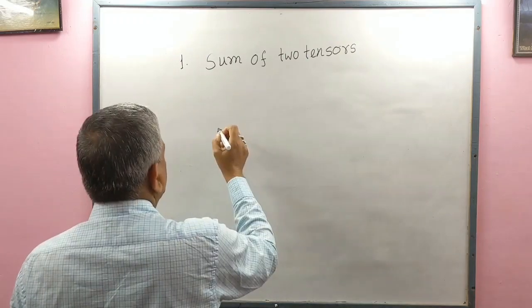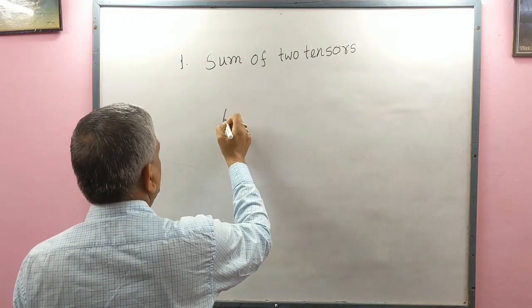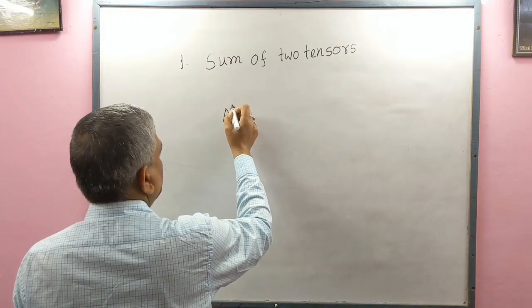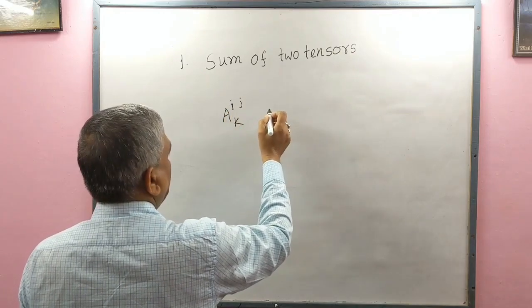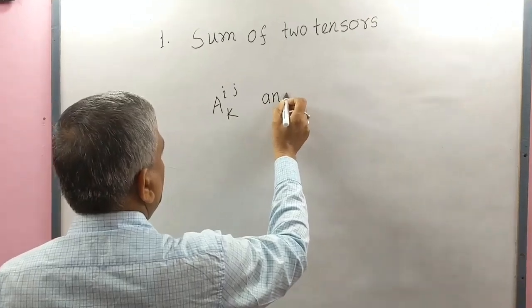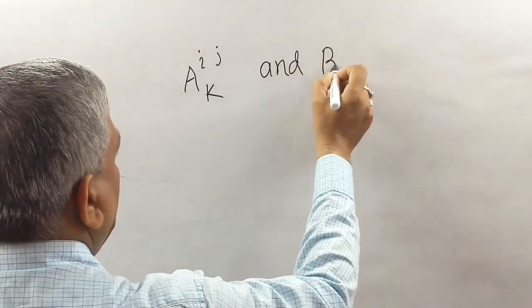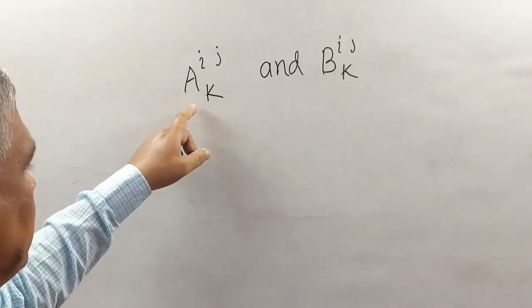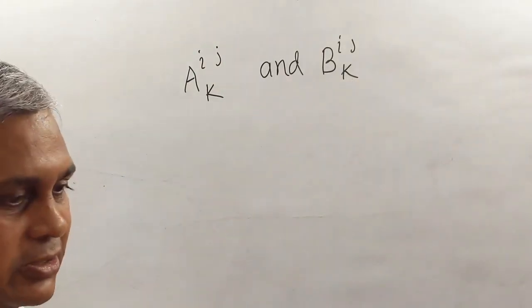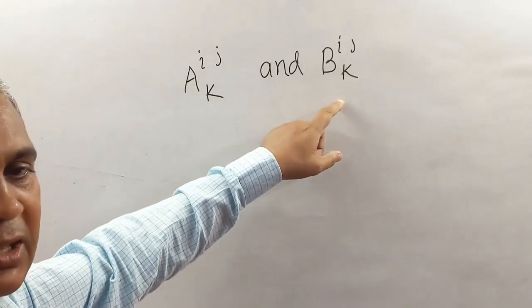Let us take two tensors A^i_jk and B^i_jk. These are mixed tensors, each of rank 3.